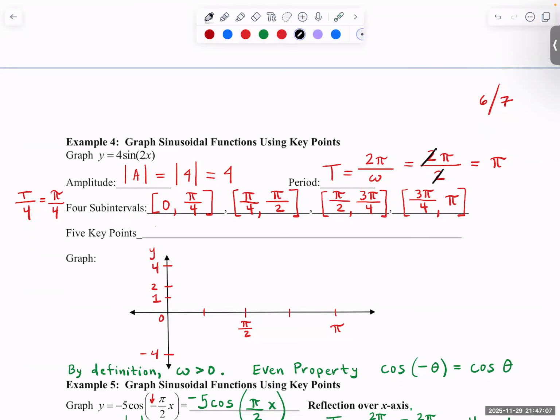Now the next subinterval starts where we left off at pi over 4, and since the length is pi over 4, we add pi over 4, and pi over 4 plus pi over 4 is 2/4 pi, which is 1/2 pi, or pi over 2.